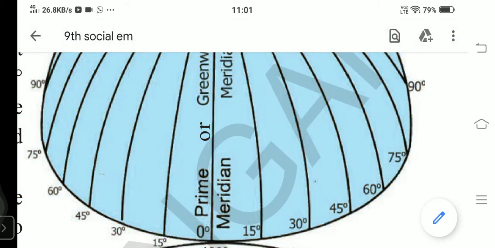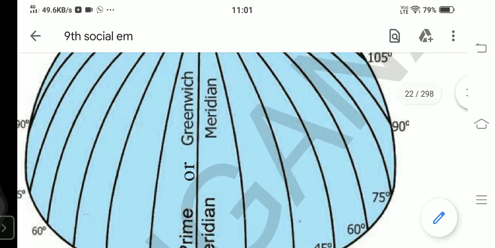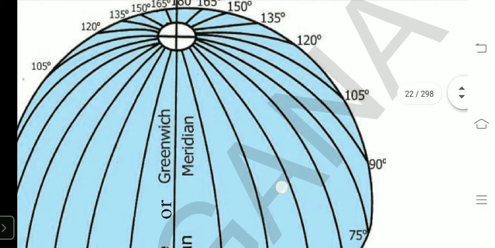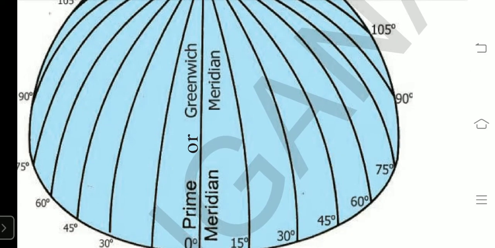It is afternoon 12 o'clock. When it is afternoon 12 o'clock, it means that the afternoon time has already been completed in the eastern hemisphere, because the earth rotates from west to east. So going to east, we have to add the time.